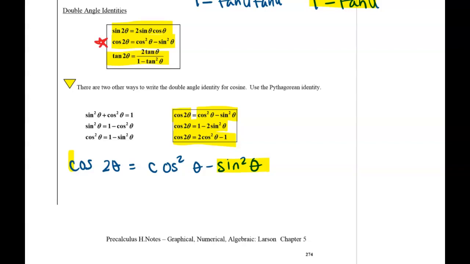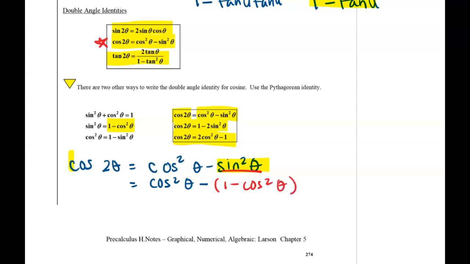So Pythagorean is sine squared theta plus cosine squared theta equals 1. So sine squared theta is equal to 1 minus cosine squared theta. That's what we're going to replace the sine squared with. So this is equal to cosine squared theta subtract, and now I'm going to put in what sine squared equals, which is 1 subtract cosine squared theta.